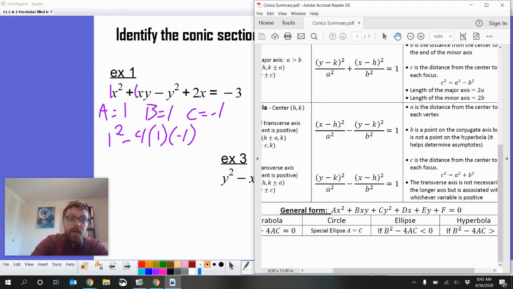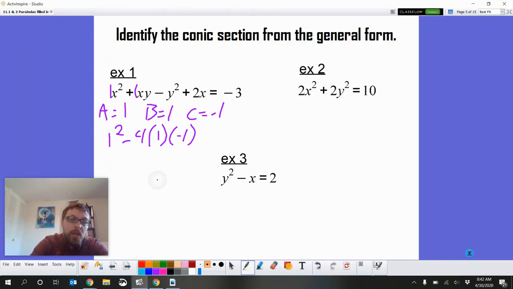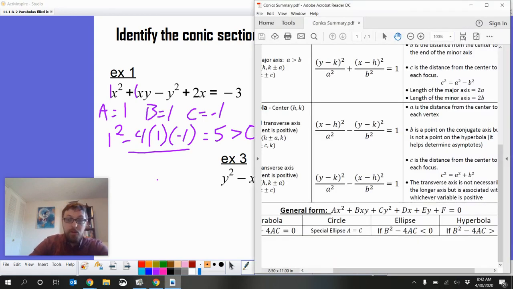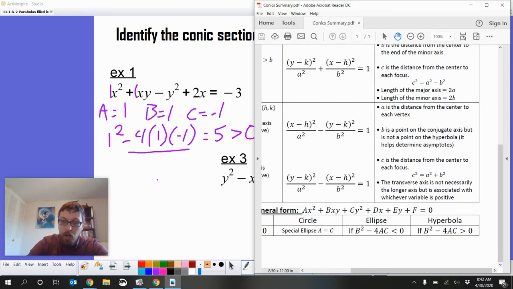So I end up with 1 squared, that's 1. And then this is plus 4. So it's 1 plus 4, that is 5. 5 is bigger than 0, because you're always going to check these against 0. It's either going to be 0, smaller than 0, or bigger than 0. Our value was greater than 0, so it was this piece right here.